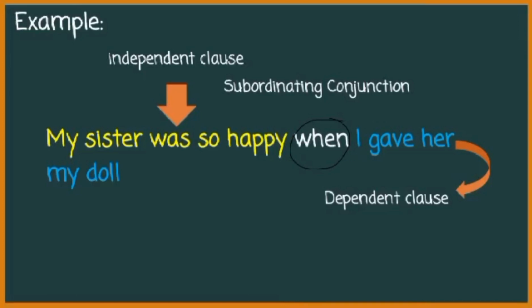Our independent clause is "my sister was so happy," and our subordinating conjunction is "when." And our dependent clause is "I gave her my doll." So in this case, the clause "when I gave her my doll" is dependent on the main clause, or our independent clause, which is "my sister was so happy."